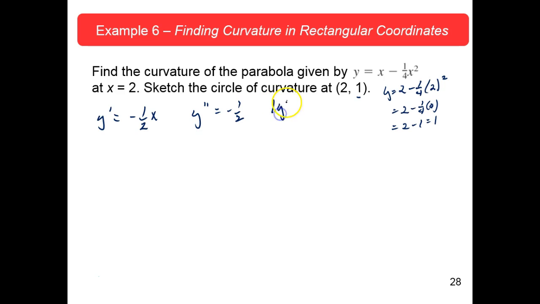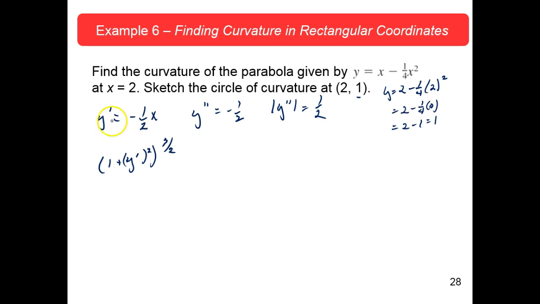Absolute value of y double prime, which would be 1/2. And your denominator, if you recall, is 1 plus y prime squared to the 3/2 power.